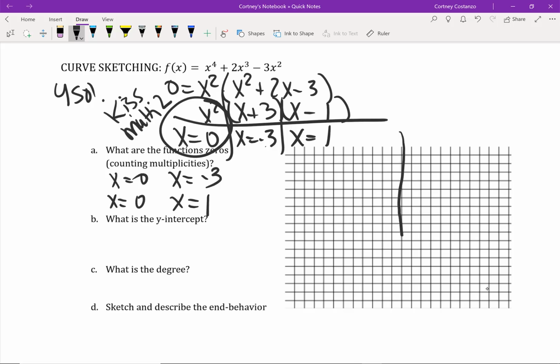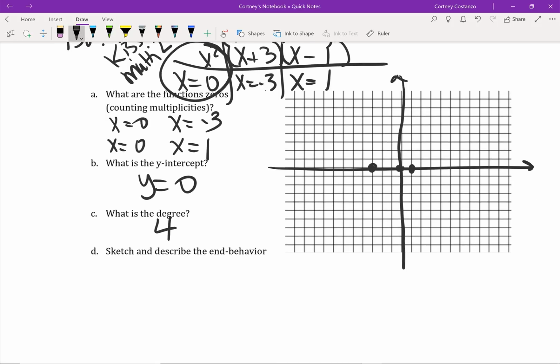So on my graph, which was a terrible straight line, but time is of the essence here, we have something happening at negative 3, 0, and 1. What is the y-intercept? Obviously it's going to be 0. The degree was 4, and because it's a degree 4 with a positive coefficient, I know my ends should be up and up. So as x approaches positive infinity, the y values are going to go up.